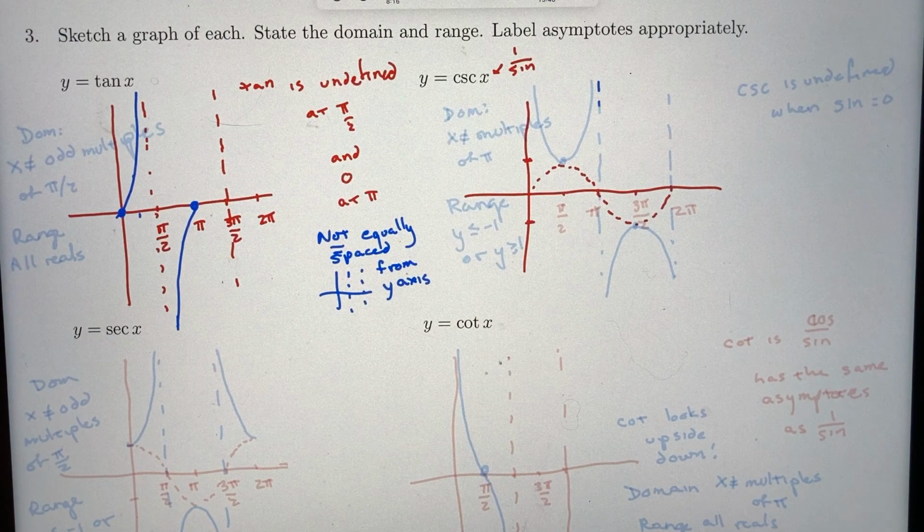Cosecant is undefined when sine is 0. So cosecant has asymptotes at pi and 2 pi.